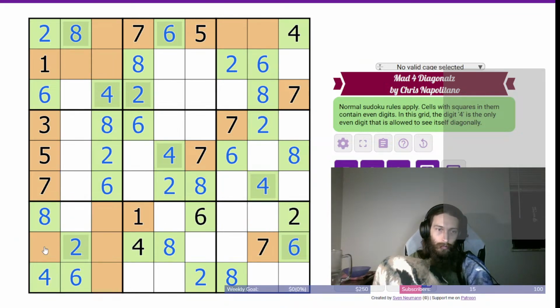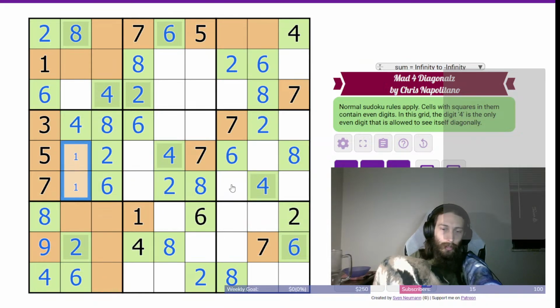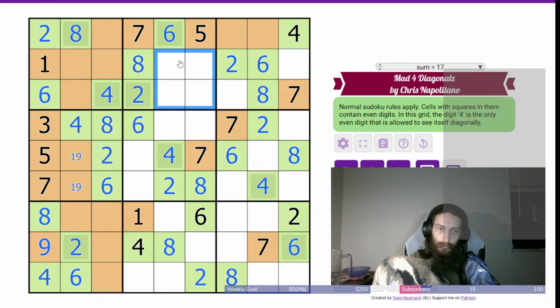Okay, yeah. So this one is 9. This one's odd. 4 is one of those, because of these two 4s. Odd, 1 and 9. Box 2 needs a 4. I think that's all the 4s now.